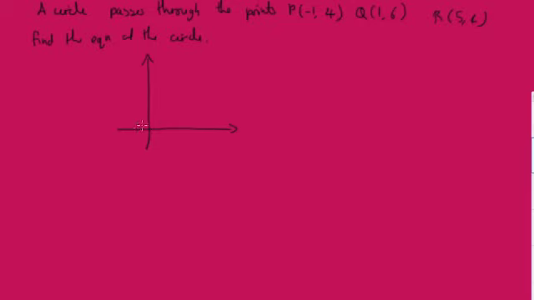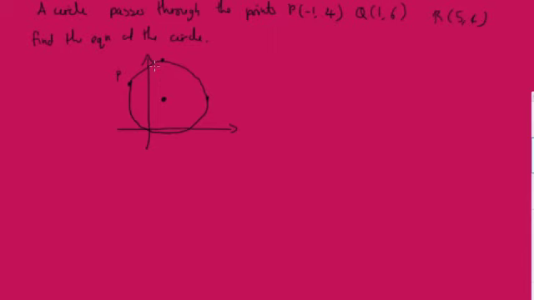So we have point P minus 1, 4. We have Q, 1, 6. And R, 5, 4. And we have this circle here, and it has the centre here. So a circle passes through these points, so these 3 points are on the circumference.